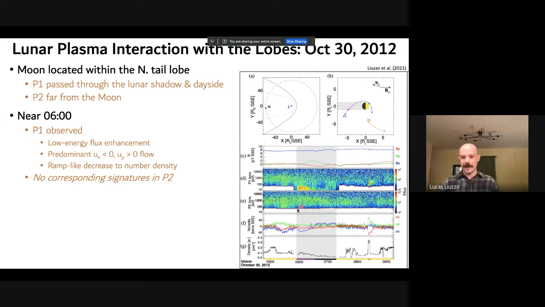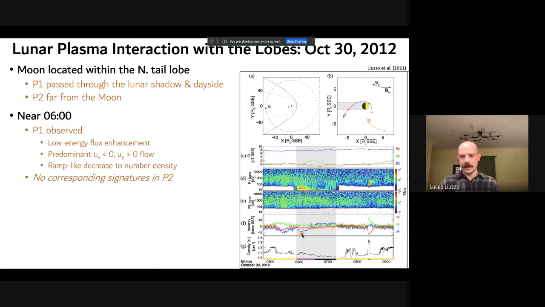I'm showing here on the bottom a couple hour stretch of the Artemis P1 data. Near 6 o'clock, especially in the ion fluxes, we see this interesting feature that pops out at really low energies. It's the strongest feature that Artemis saw close to the moon in this case. In the magnetic field, we see it's mainly aligned with a plus X direction, so fields that are pointing earthward.